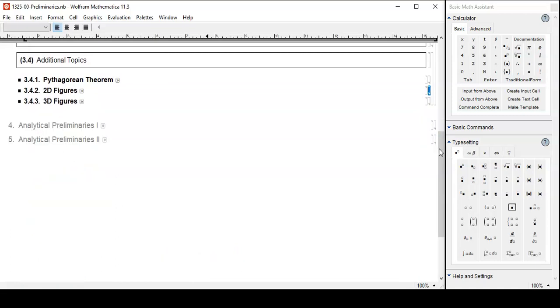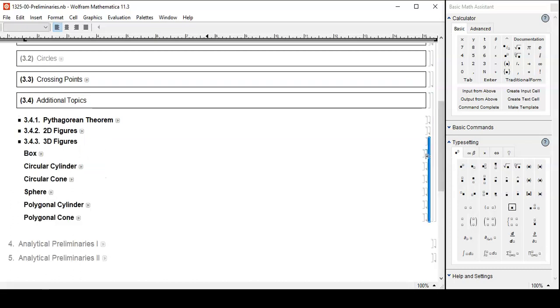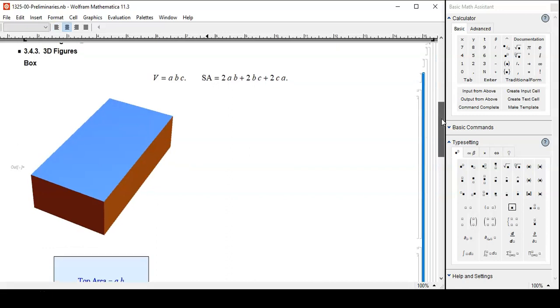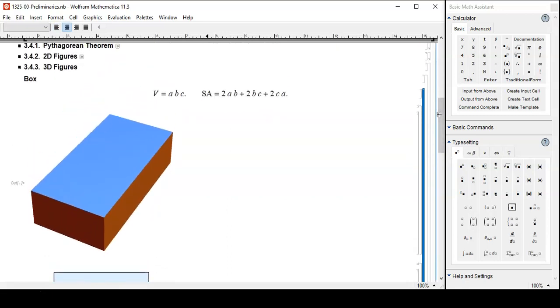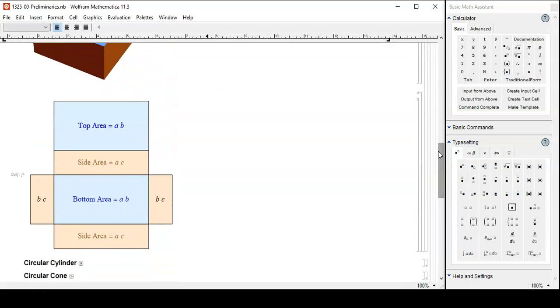So we have 2D figures, and do we have time for some 3D figures? I don't know. For any kind of box, the volume is AB times C. So AB is the area of the bottom, base area, times height. So that's the volume. The surface area is trickier, but you can figure it out if you draw a net.